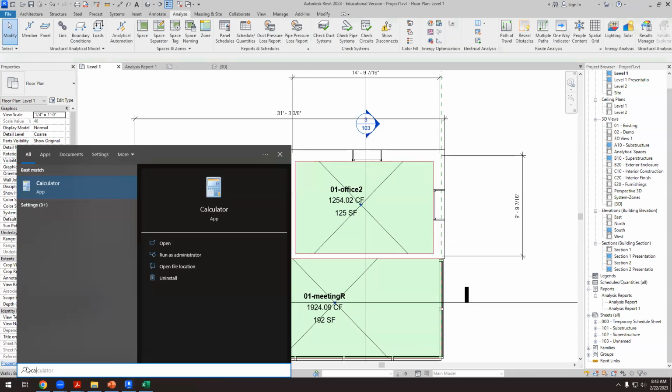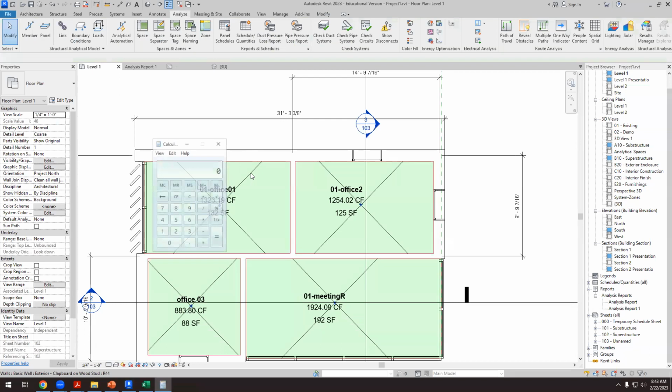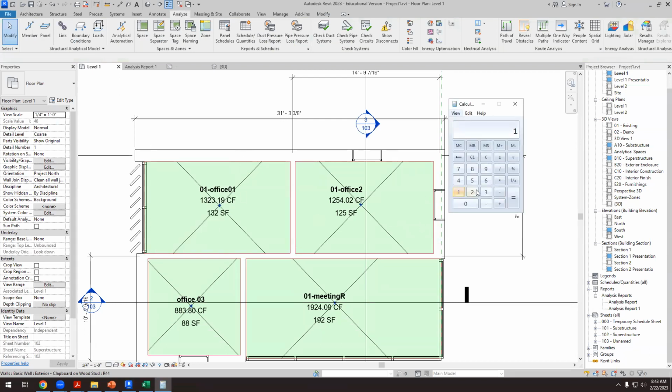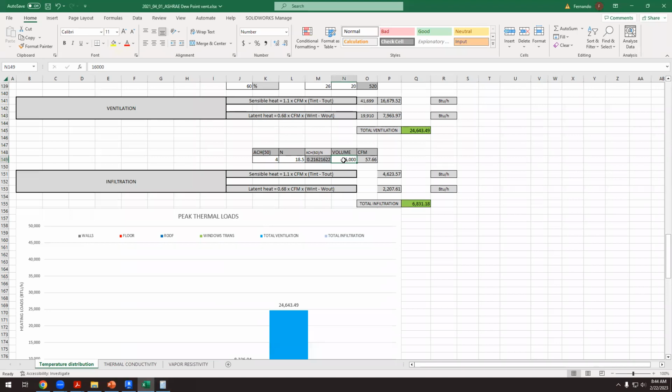So I can use the calculator: 1323 plus 1254 plus 883 plus 1924. So the volume of this building is 5384, and I have to type here 5384.